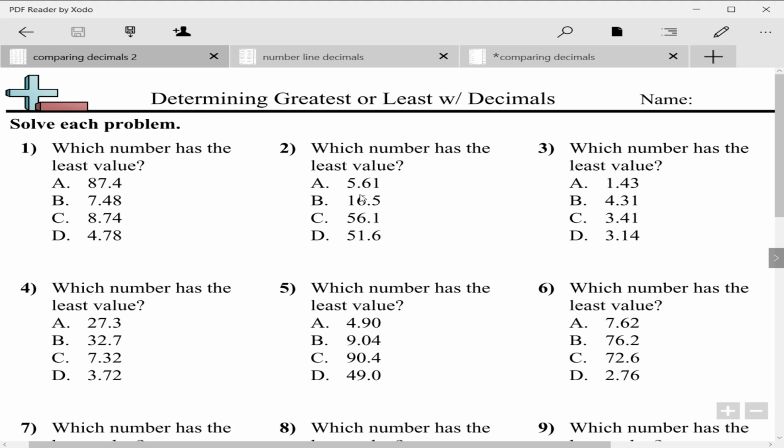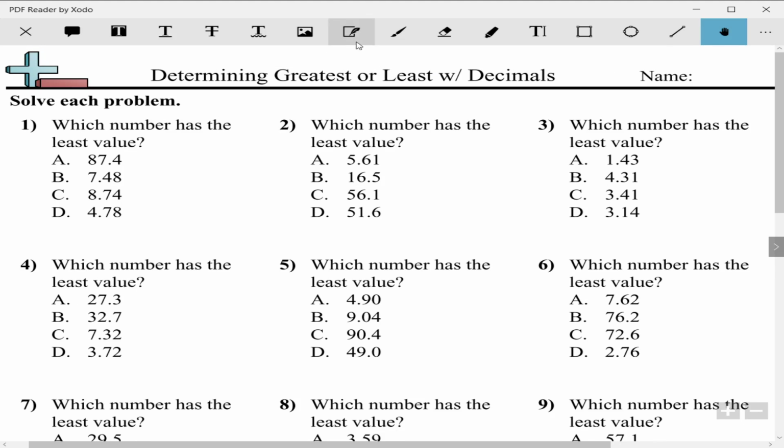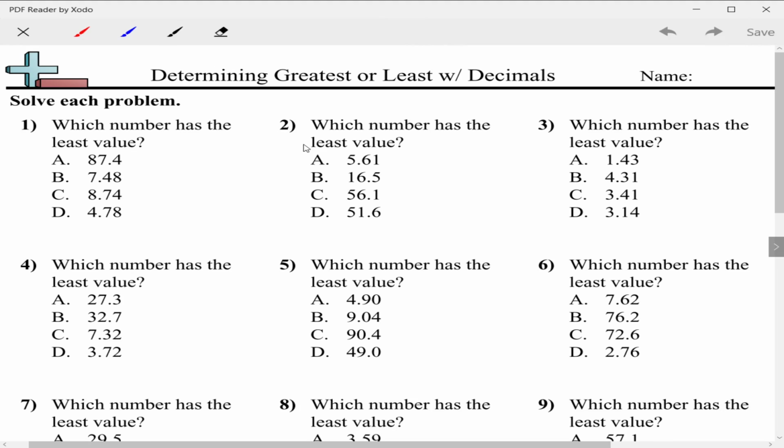Now, for this one, it's pretty much the same thing on these. Now, what I would do is typically I would line these up, right?